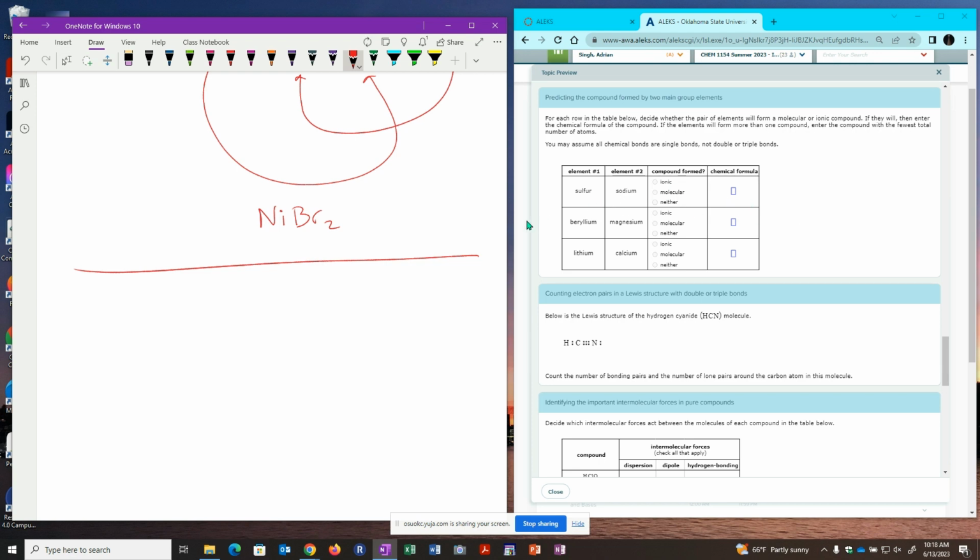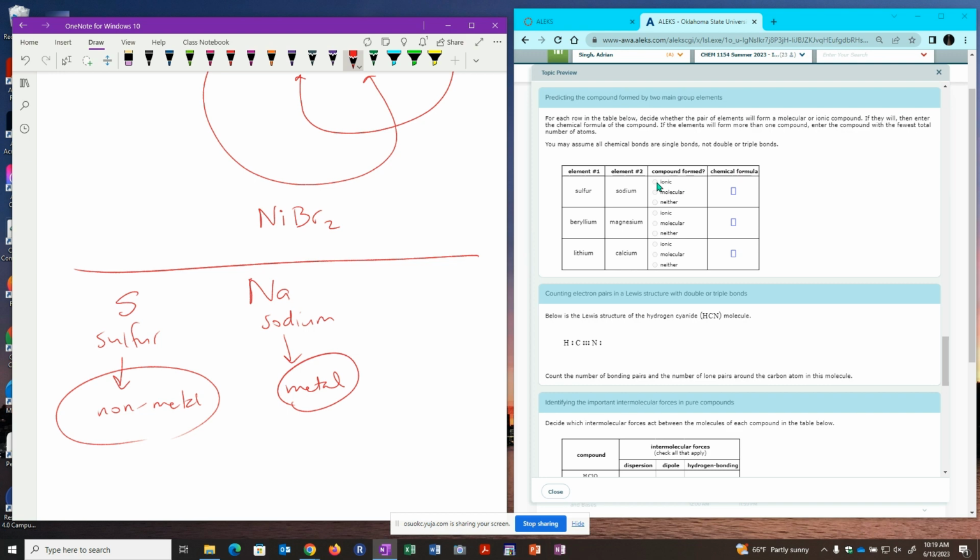All right, so we have sulfur, S, and sodium, Na. Sulfur, if you look on the periodic table, is a nonmetal. Sodium is a metal. So right away, go back to what we talked about before. We have a metal and a nonmetal. This tells us that it is going to be ionic.